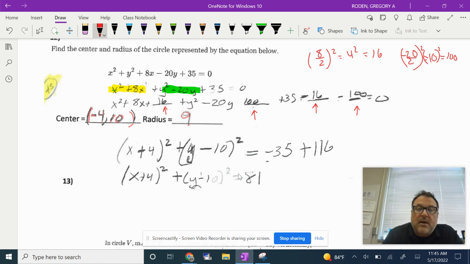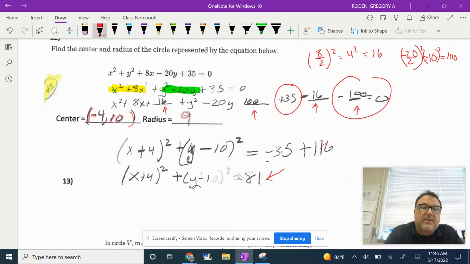All right, and then I solved. I moved this 35 and this negative 100 over, and I got negative 35 plus 116 there, right? And that gave me 81. And then I factored them as perfect squares.